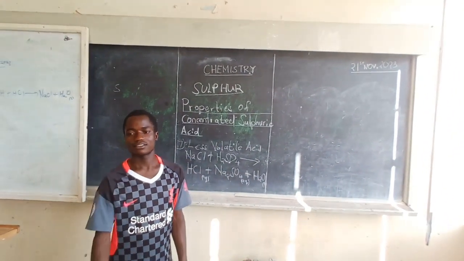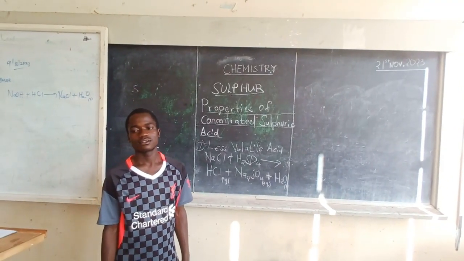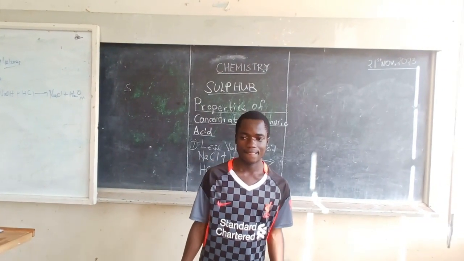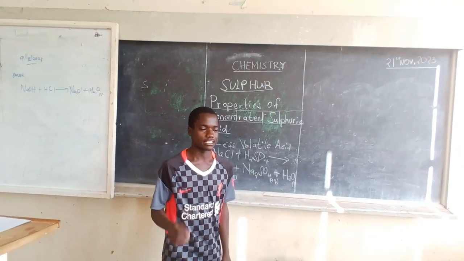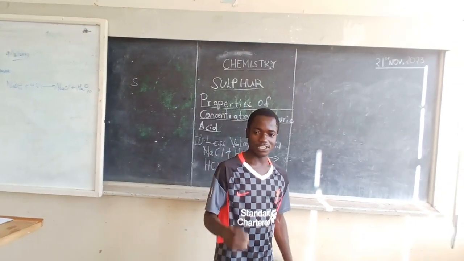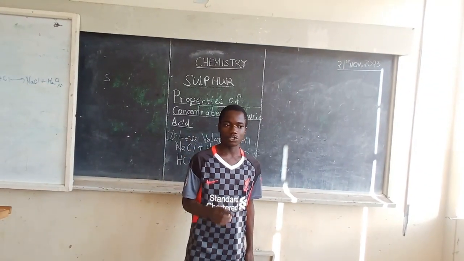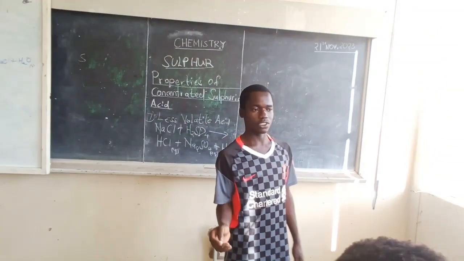It's hygroscopic in nature. What is meant by hygroscopic in nature? Concentrated sulfuric acid, remember, is hygroscopic in nature. Who can tell us what the hygroscopic property of it was?